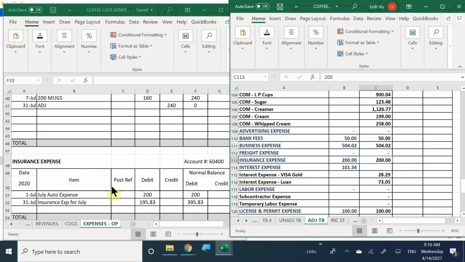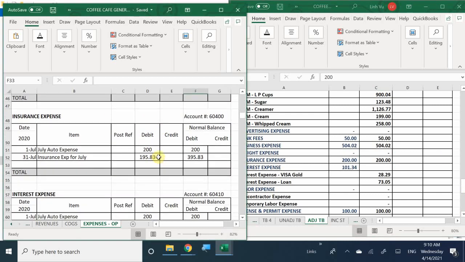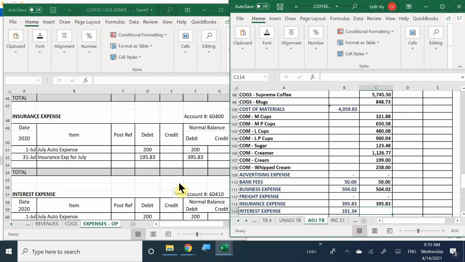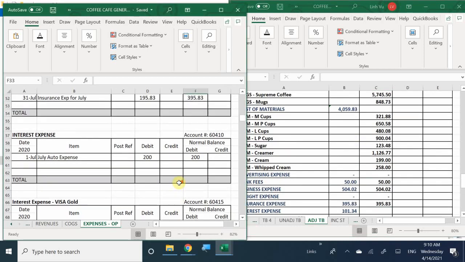What about my insurance expense? It went up to $395.83, right? Because we had to accrue for the month of July insurance expense. And we also bought car insurance, so there you go. What about interest expense?